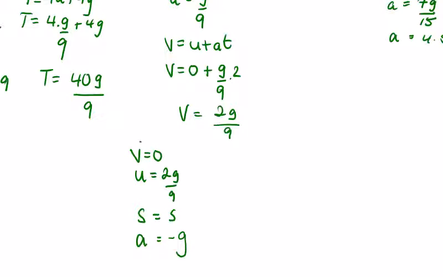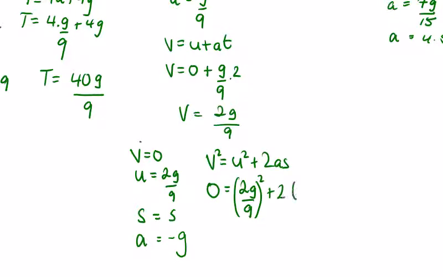So the acceleration is minus g. We can use v squared is equal to u squared plus 2as: this particle is going to stop if it's going at 2g over 9 and its acceleration is minus g. How far will it go?